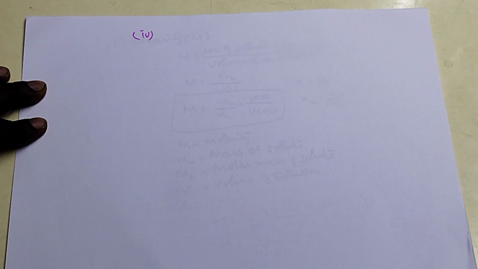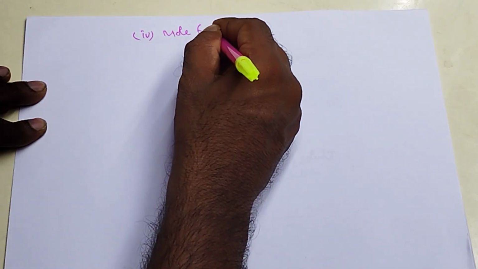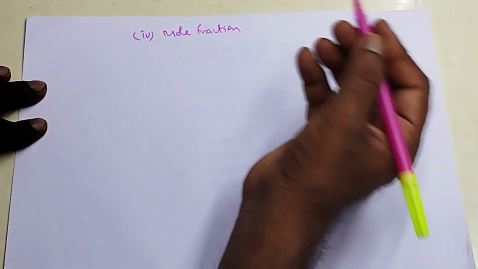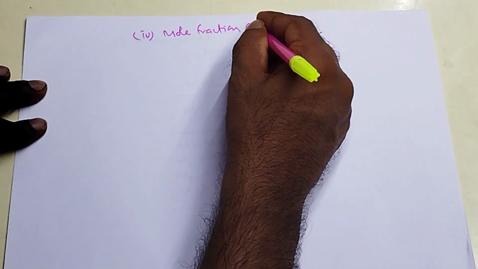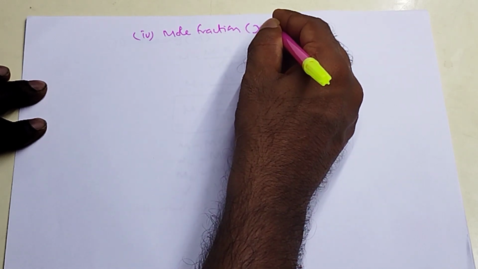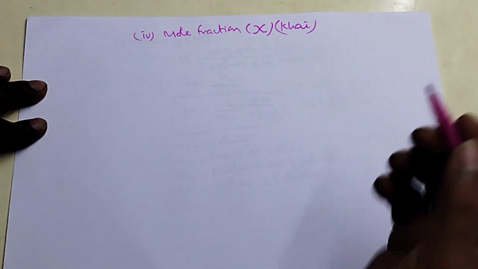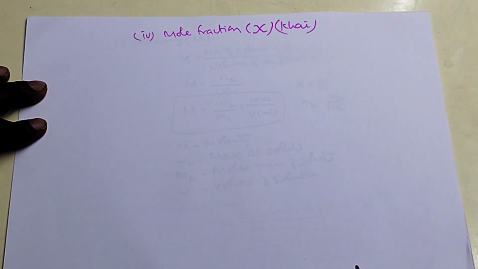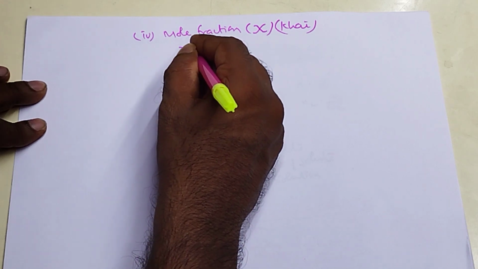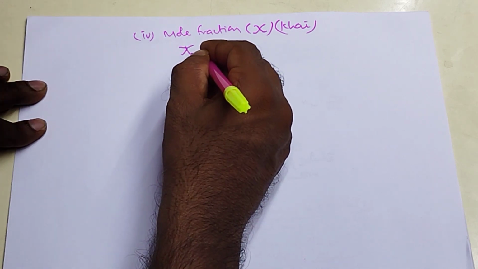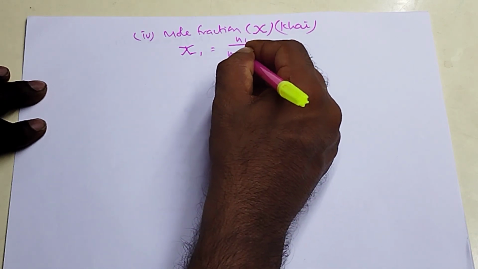Now let us start mole fraction. Mole fraction we can express in terms of the letter chi. It looks like X, but you have to read it as chi. Mole fraction is defined as, if it is chi 1, then N1 by N1 plus N2.